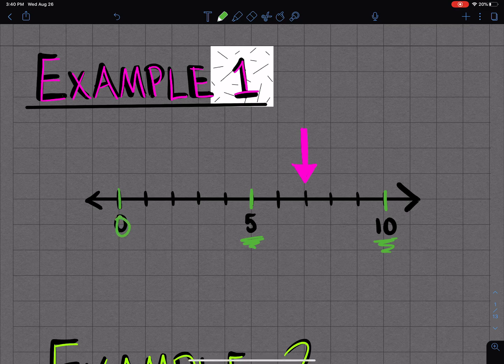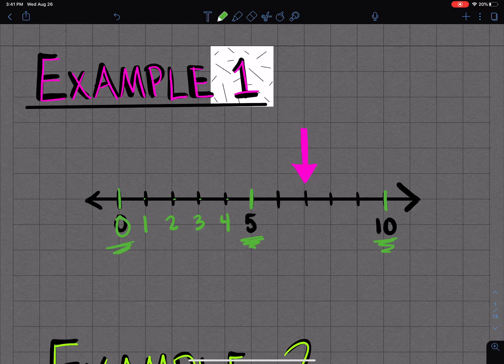This time it doesn't give you each little tick mark. You have to figure out what those are. So I will look at the 0 and I'll look at the 5 and I'll think, well, there's 1, 2, 3, 4, 5. There's enough space in between where I can count by ones. So if I wanted to fill it in, I could go 1, 2, 3, 4, and that works.